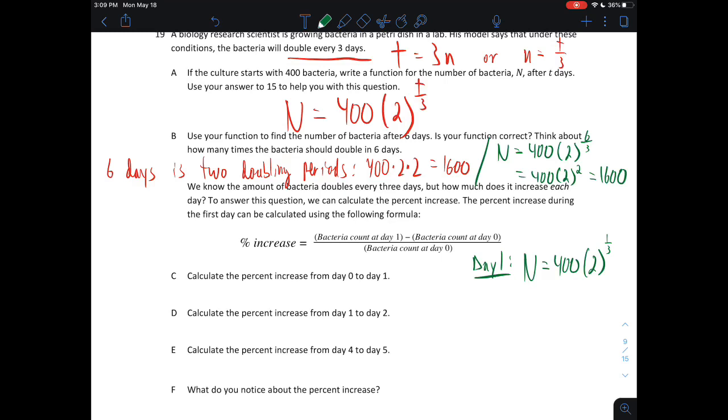We actually want to use a lot of that. So then what I'm going to write next is 400 times 2 raised to the 0.333333, just so I can get a good estimate from this. 400 times parentheses 2 raised to the power 0.333333. And what I get is 503.968.